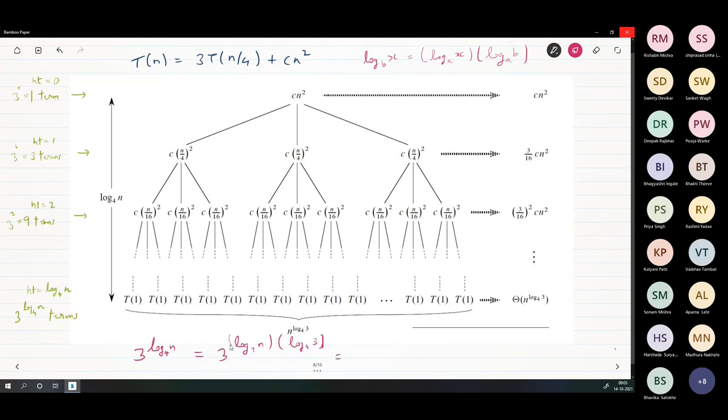So this is in fact equal to 3 raised to log n to the base 3, the whole raised to log 3 to the base 4, but it's like this, a to the log n to the base a is n itself. You wanted this base to match this index, that is what you have to do. So then you get n itself and then the remaining log 3 to the base 4. That is how you get this. Is that clear, everybody?